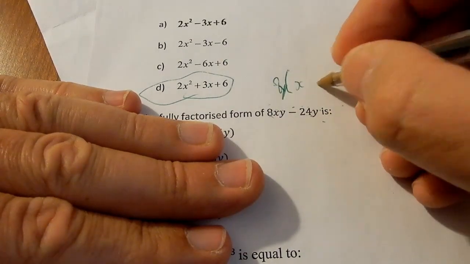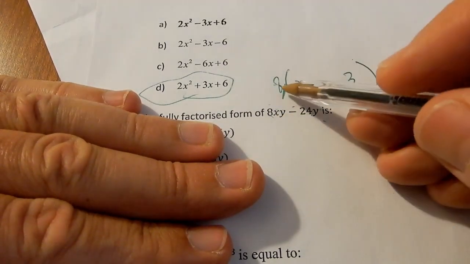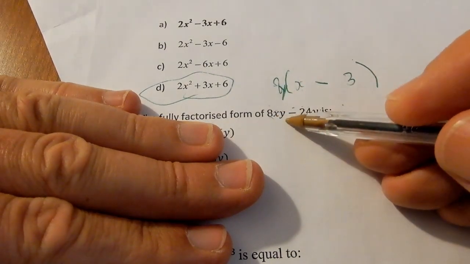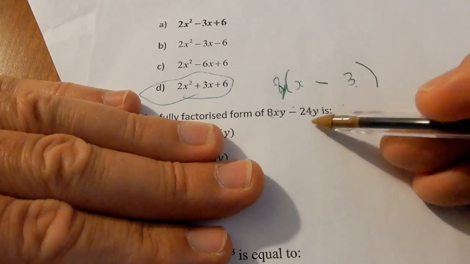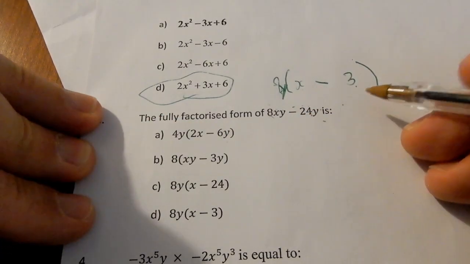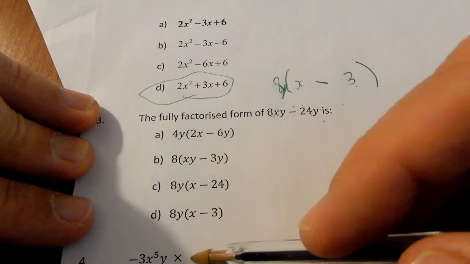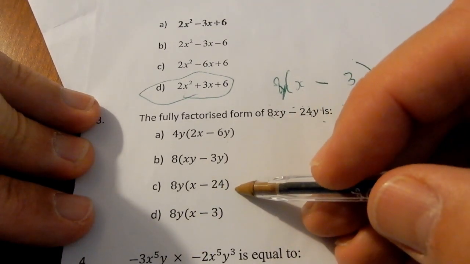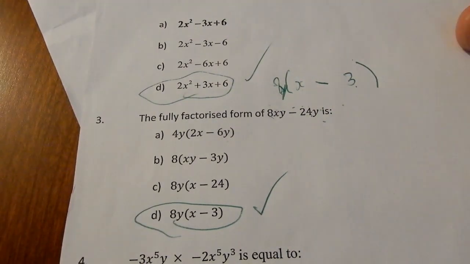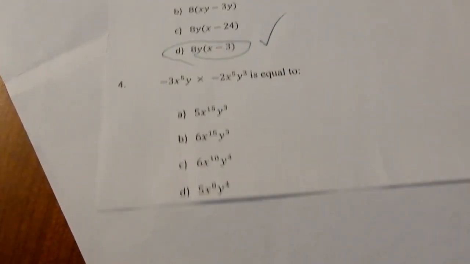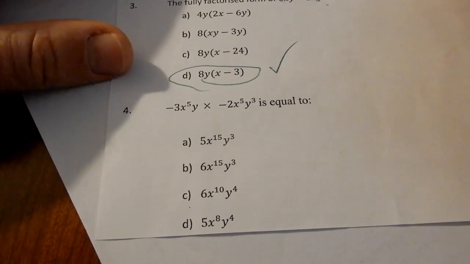So 8y times x is 8xy, and 8y times minus 3 is minus 24y. Cool. Right, where's this one? 8y. There it is. Got it.